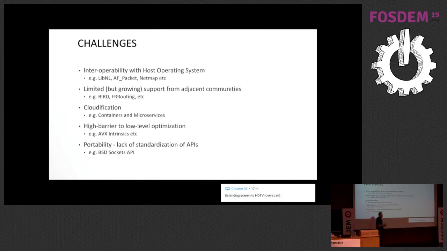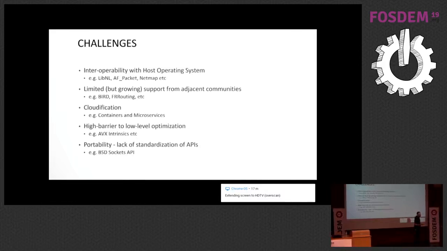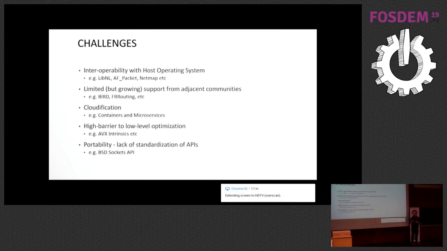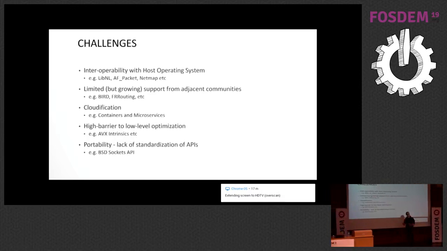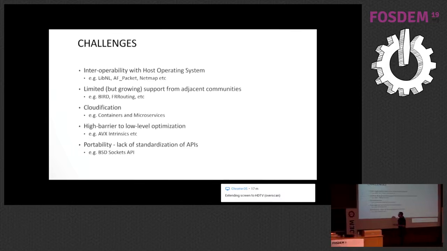There's a lot of diversity in projects, but the standards and reliable interfaces that the kernel gives you, things like the BSD sockets API, which has been around since the 70s or the 80s, which is a very well-known standard, or the netlink interface, again a very known standard, we don't have those kinds of standards yet in user space networking, which is a problem. So if I develop something against F-Stack, which is one user space network stack, it's not portable to FD.io VPP, and that can be a challenge in and of itself.